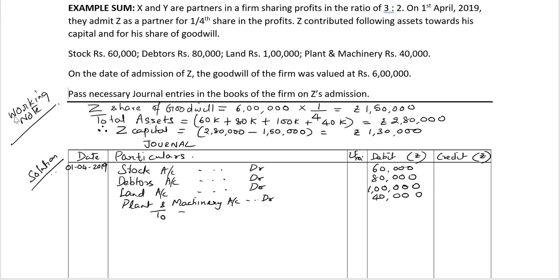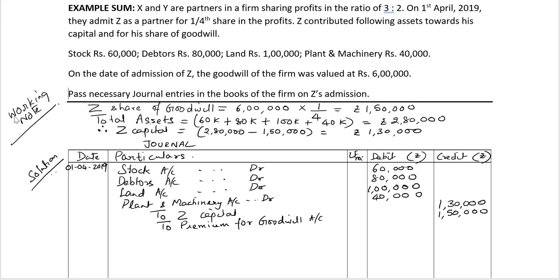To Z's capital ₹1,30,000, and to premium for goodwill account ₹1,50,000.